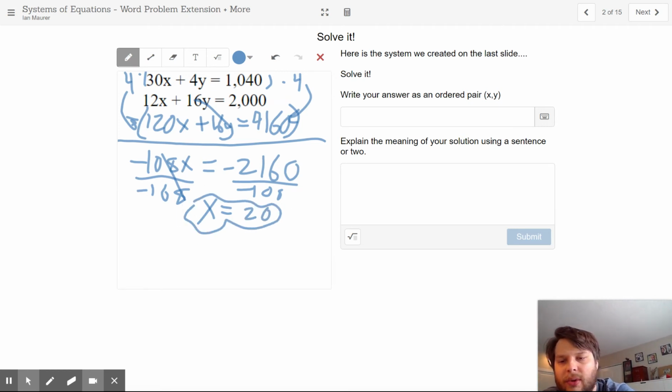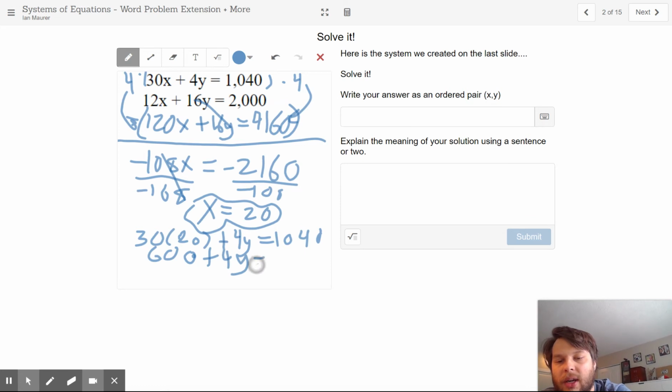Then I've got to solve for y, so I'll plug x back into the top equation. 30 times x plus 4y equals 1040. 30 times 20 is 600. 600 plus 4y is 1040. Subtract 600.